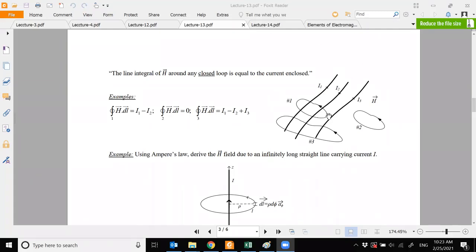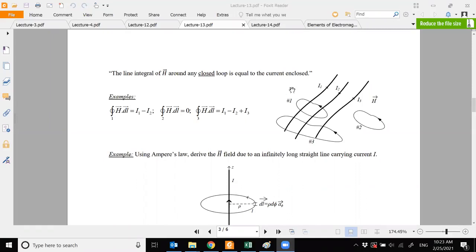If you are integrating in the anti-clockwise direction, then you can still apply your right hand: your fingers will give you the direction in which you are doing the line integration of your magnetic field, and your thumb will show the current which will be the positive one.